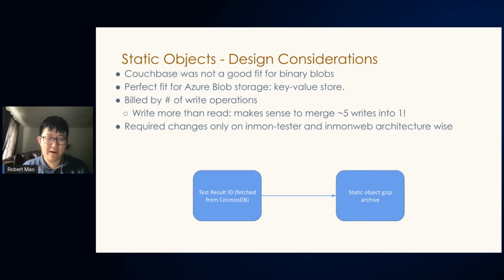Again, because we write way more than we read, and the reads are limited largely by user traffic, because the users clicking through the UI, we felt that this trade-off was very much worth it for us to save on the cost of individual writes to Blob Storage. And architecture-wise, this required changes only to 2 of our apps, Inmod Tester, which runs the tests and shoves them back in Inmod Web, and Inmod Web, which takes the objects that Inmod Tester gives over, and shoves them now into Blob Storage rather than Couchbase.